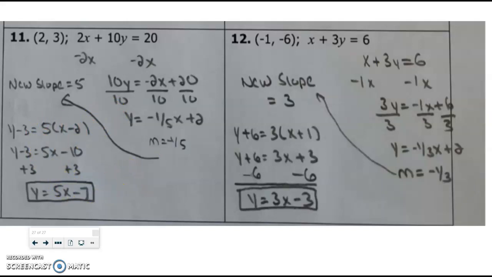That last one, number 12, I solved for y. I got y equals negative 1/3 x plus 2. The slope is negative 1/3, so my new line is going to have a slope of 3. Then we use the slope of 3 and the point (negative 1, negative 6). When I did that, I got y equals 3x minus 3.